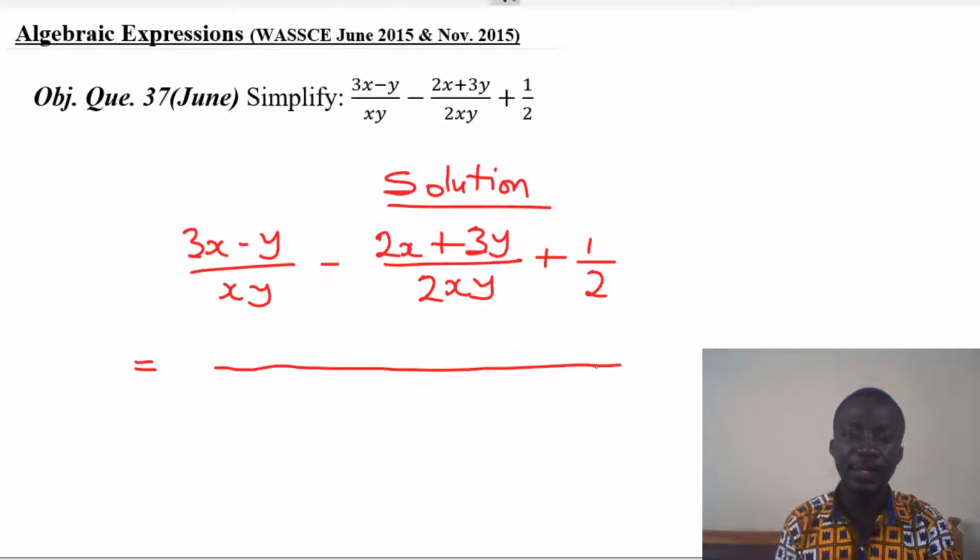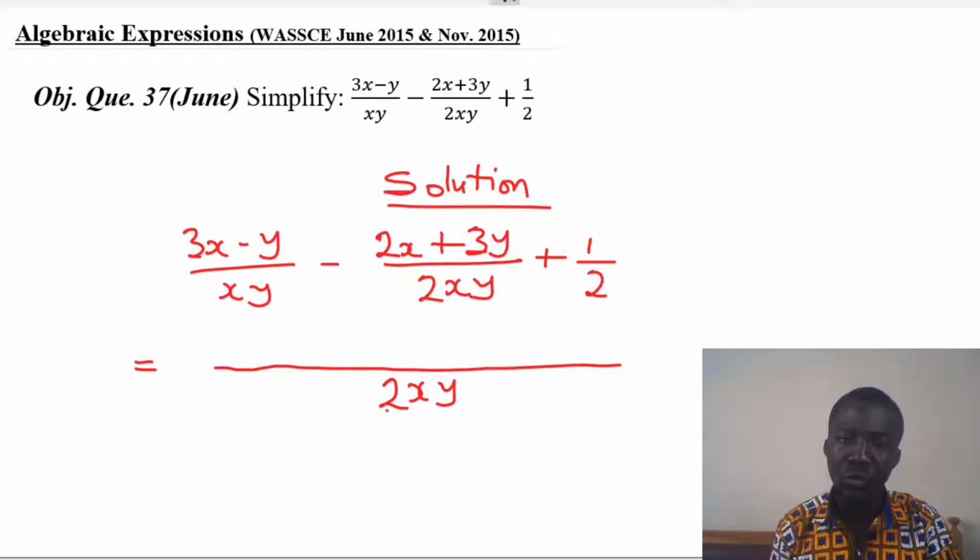The denominators are xy, 2xy, and 2. The least common denominator will be 2xy. Why 2xy? Because xy can divide 2xy, leaving 2. And as well, 2xy can divide itself. Likewise, 2 can also divide itself.